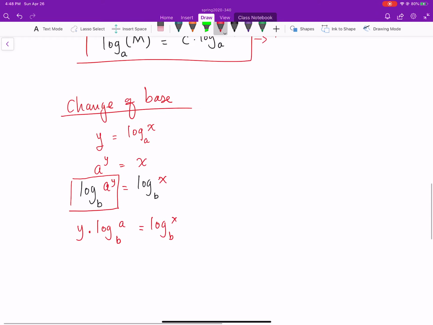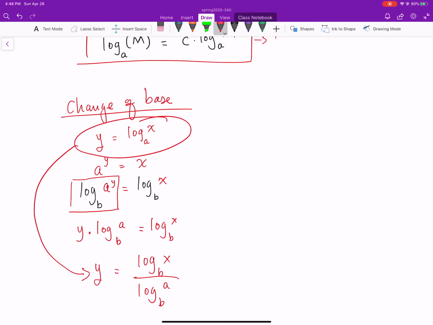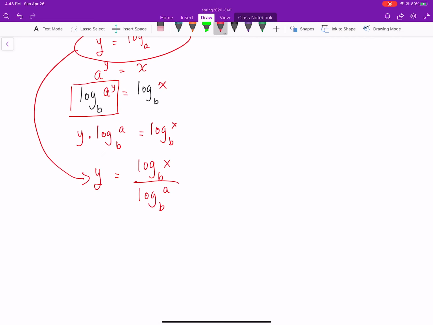Now let's solve for y, and you see something happen miraculously here. y is equal to log b x over log b a. Well, remember that y is this buddy here. So in other words, we are saying that log a of x, if I want to switch the base, in this case to base b, then it would be log b of x over log b of a.